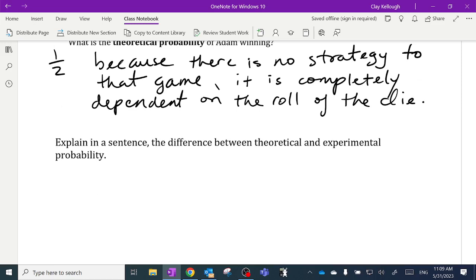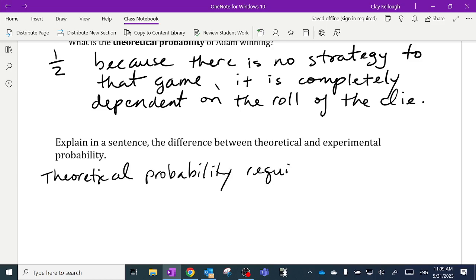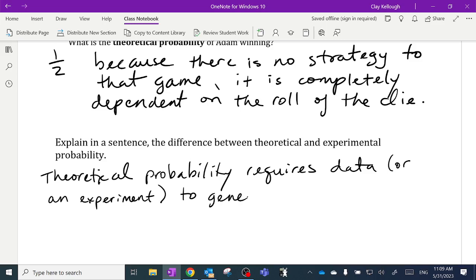Explain in a sentence the difference between theoretical and experimental probability. Okay, I will say that theoretical probability requires data, I'll say, or an experiment to generate outcomes that you can count.